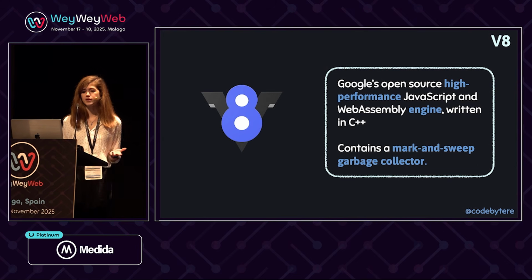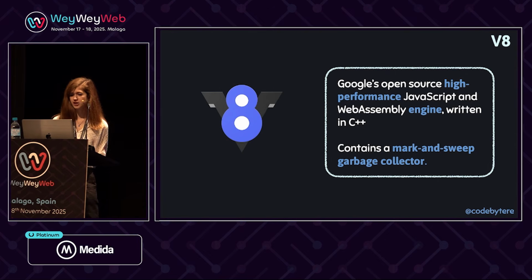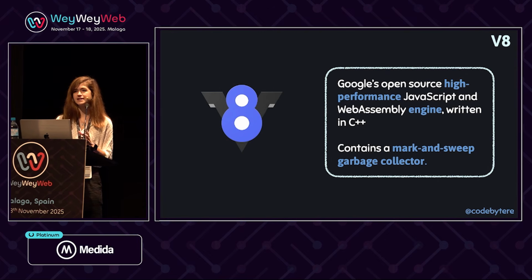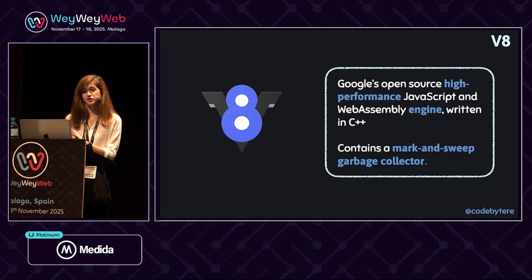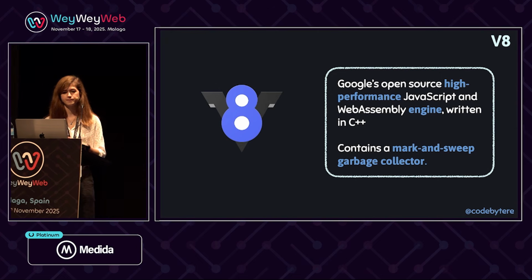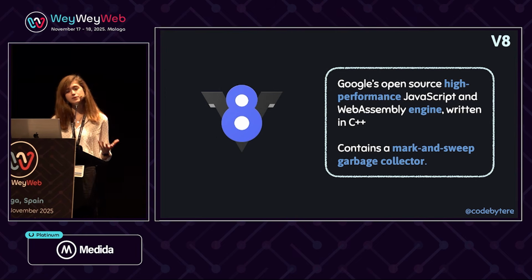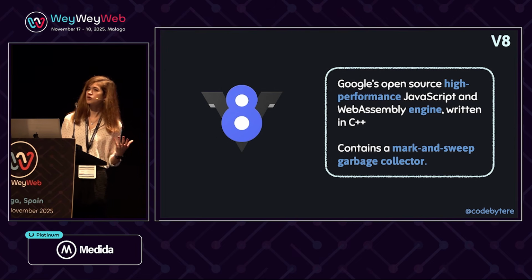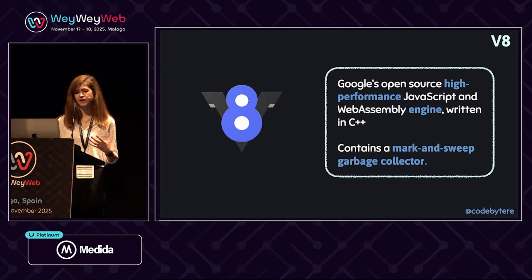Some of you may be familiar, but just so we're all on the same page, V8 is the engine that takes your JavaScript, turns it into machine code, and then keeps optimizing it while your program runs. V8 uses a mark and sweep garbage collector, identifying reachable objects, and thus sweeping away the rest.